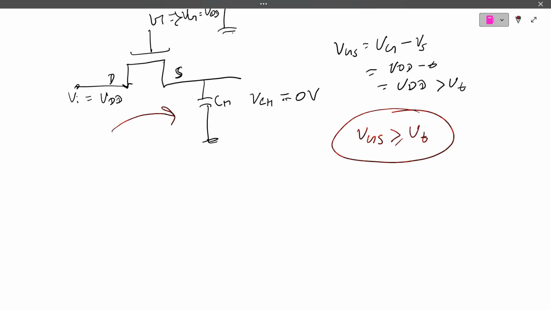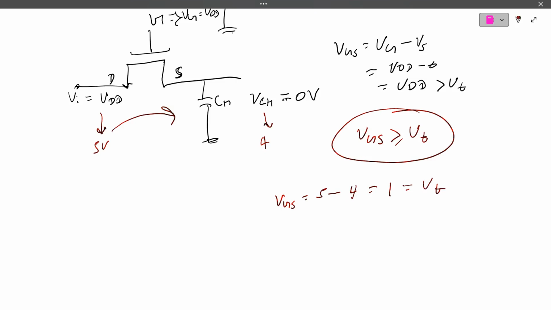Let's assume VDD is equal to 5 volts. If it charges up to 4 volts, then VGS is 5 minus 4 equals 1 volt, which is equal to VT. So it will turn on, and again it will start charging.